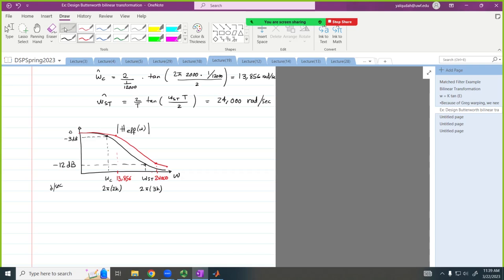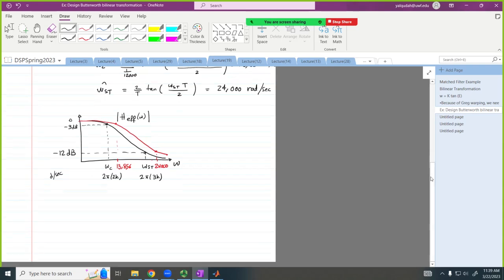So the next step, now that we have the frequencies, we can determine the filter order. Since this is a Butterworth filter, we want 10 log 10 of 1 plus omega stop hat over omega cutoff hat to the power of 2n to be greater than or equal to alpha, which is 12 dB.